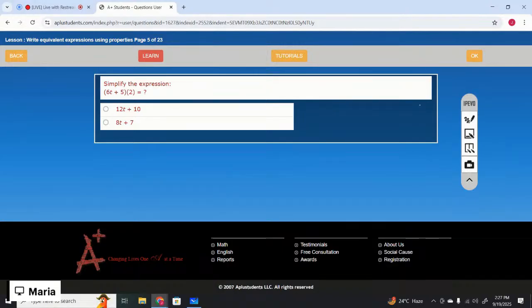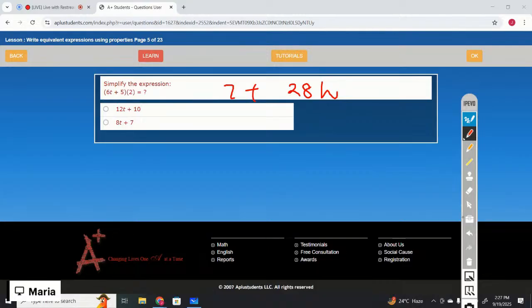6t plus 5 times 2. That is 2 times 6 is 12t plus 2 times 5 is 10.